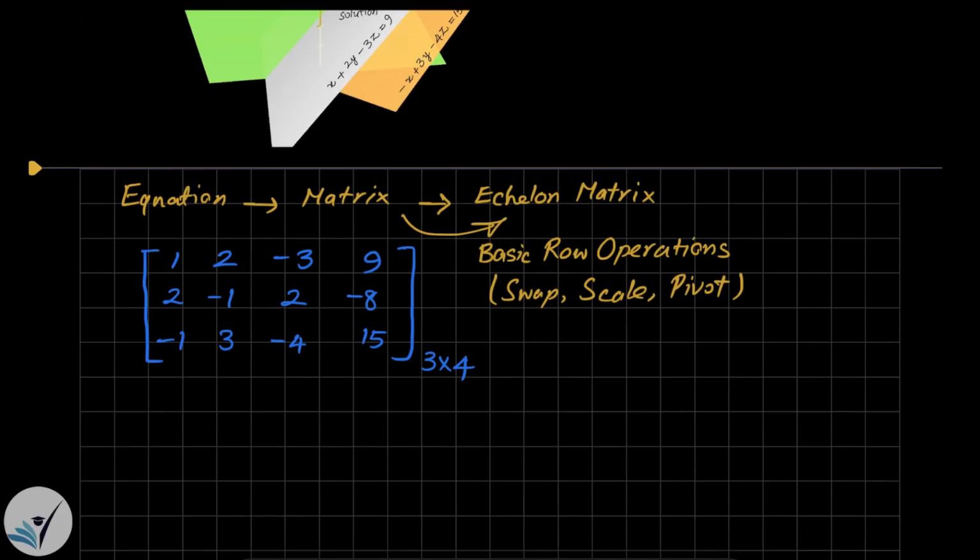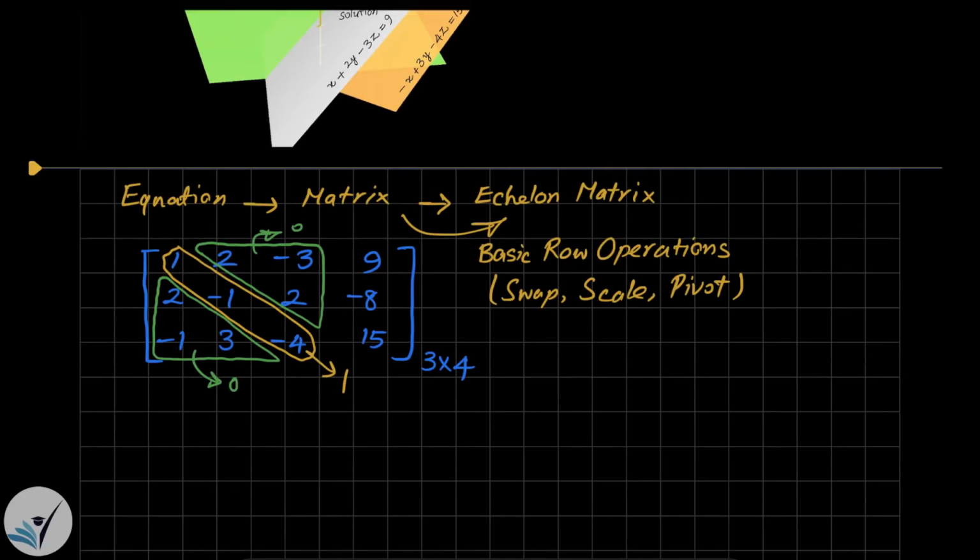I have explained these operations and the concept of echelon matrices in separate videos, and if you're not familiar with these topics, you can check out those videos. To transform this matrix to an echelon matrix, we need to transform the diagonal entries to 1, and also we need to transform the off-diagonal entries to 0.